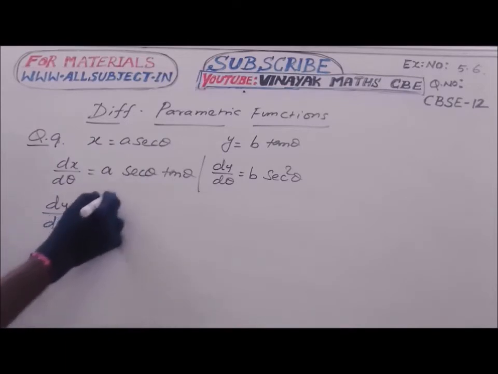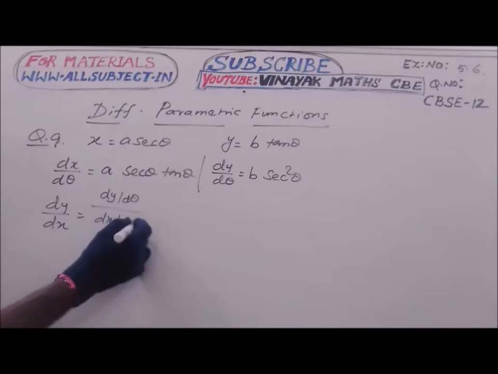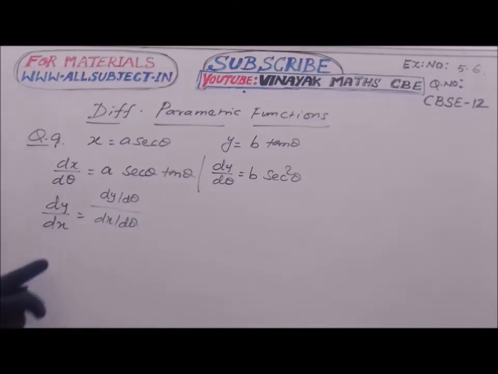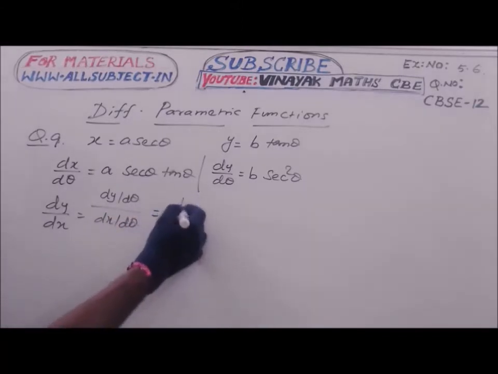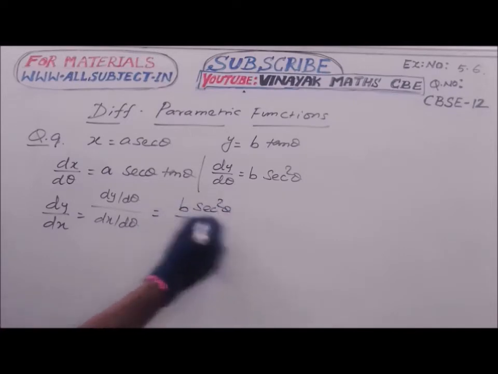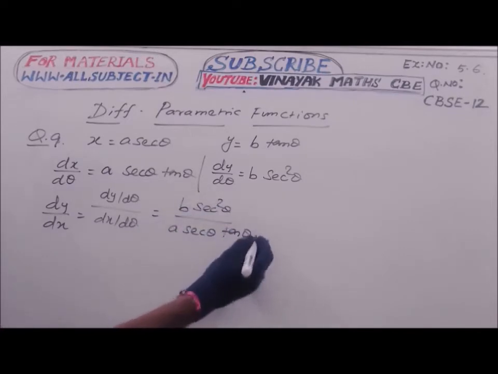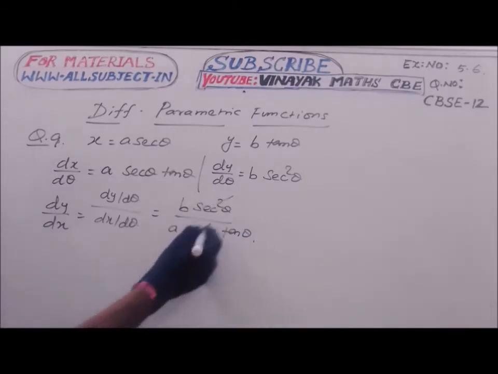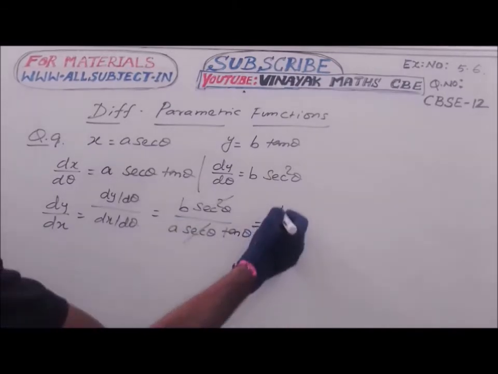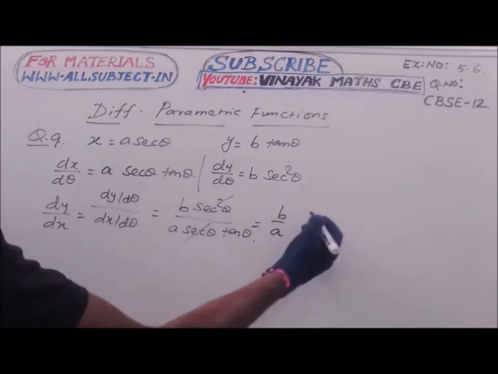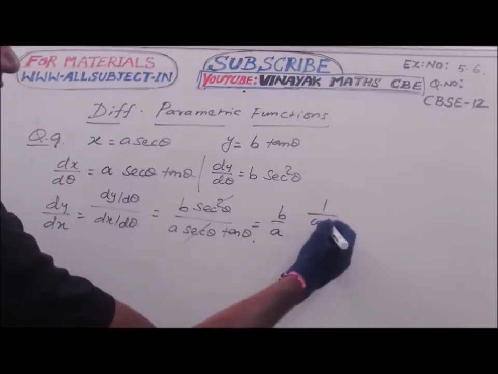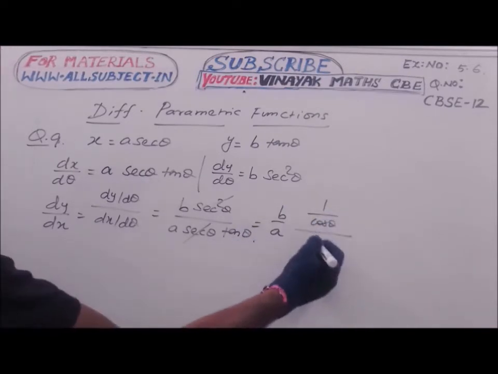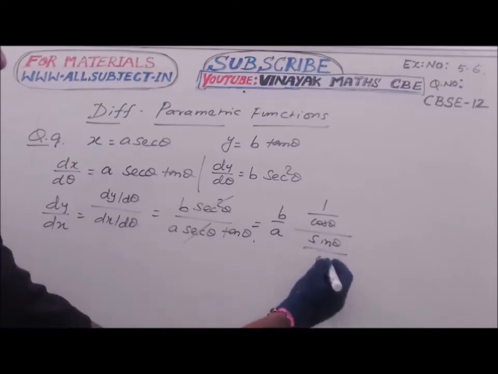For dy by dx we have the formula: dividing dy by d theta by dx by d theta, we will get dy by dx, that is equal to b secant square theta divided by a into secant theta tan theta. Now secant square theta and secant theta get cancelled. Remaining is b by a into secant theta, that is 1 by cos theta, and tan theta is sin theta by cos theta.